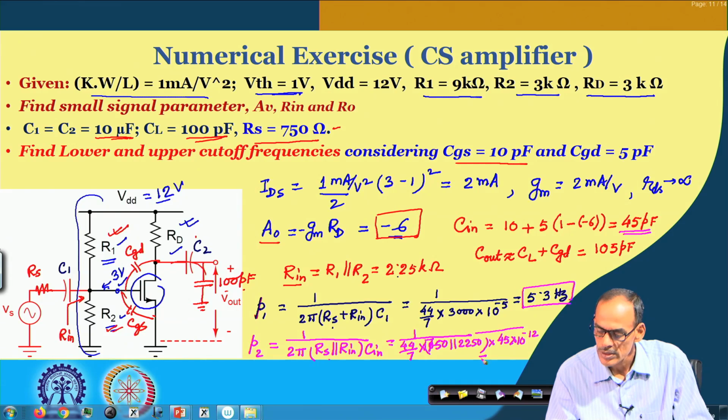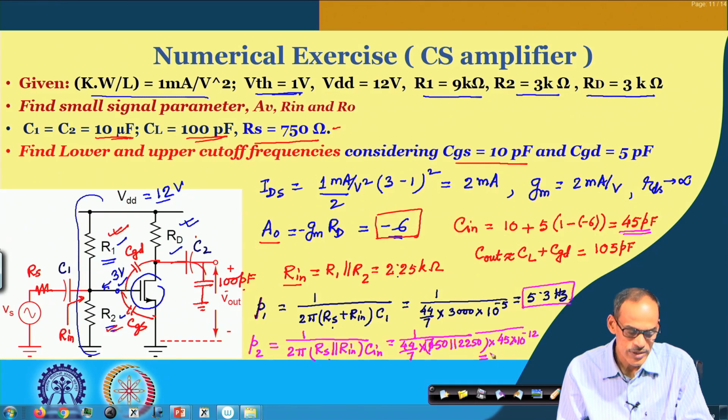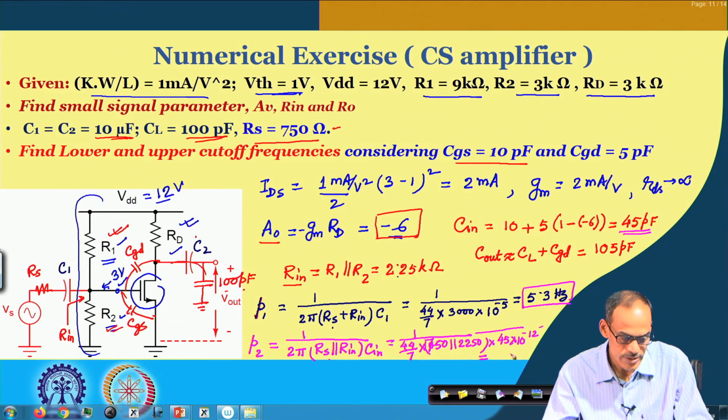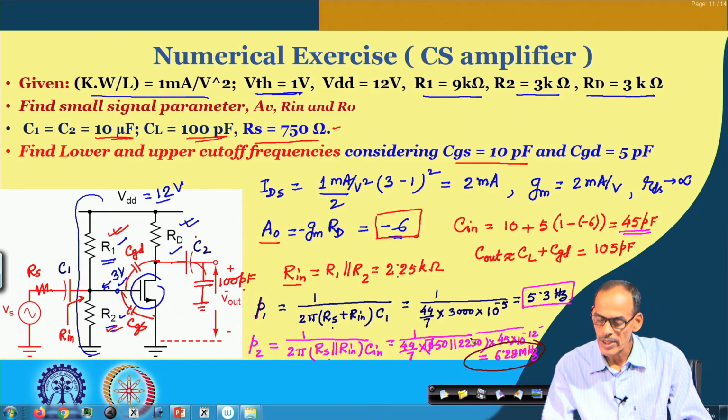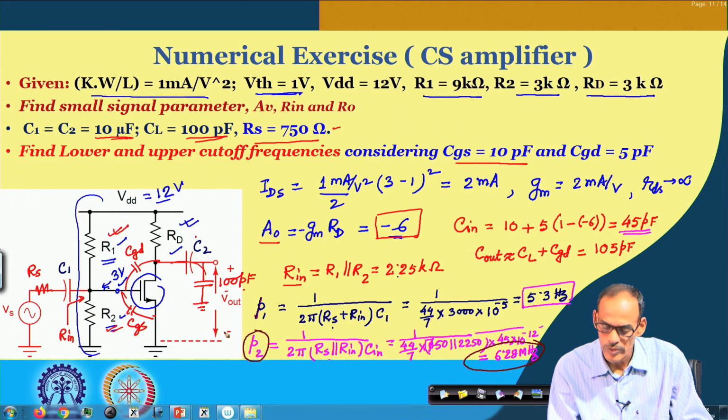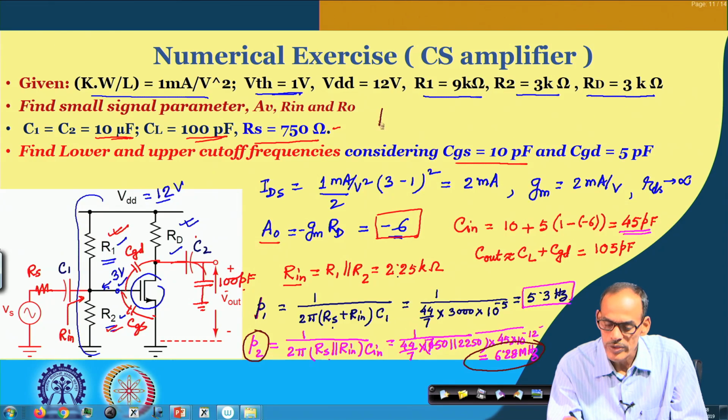In fact, this is becoming quite high, particularly because the capacitance is low. This is equal to 6.28 megahertz. Note that the value of this capacitance is low, and that makes this P 2 higher.